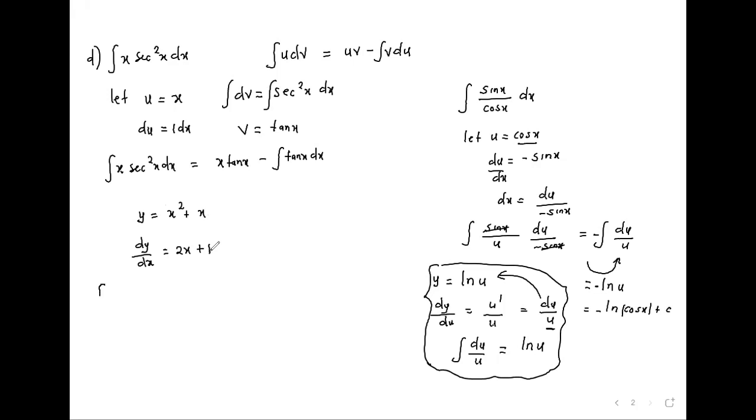Then somebody asks you to integrate 2x plus 1. They want you to get back to the question. So what you do is you have 2x to the power 2 over 2 plus x. So 2 over 2 will cancel and you get x squared plus x, which is y.